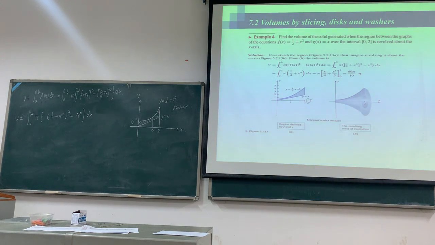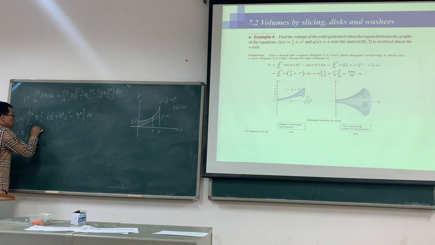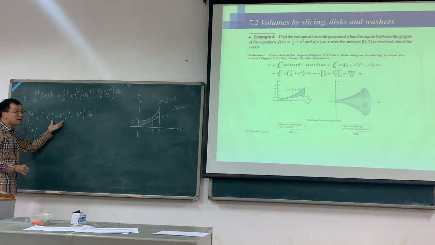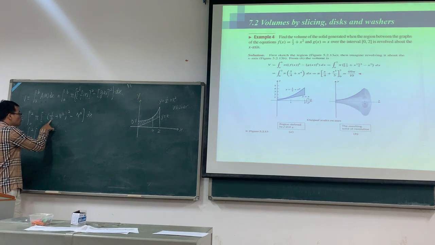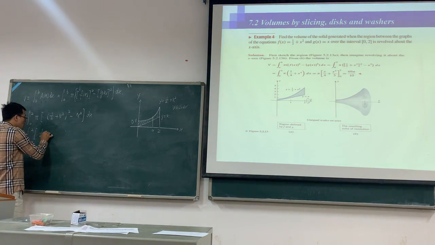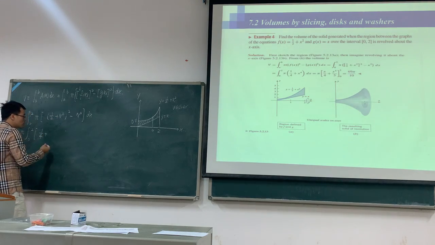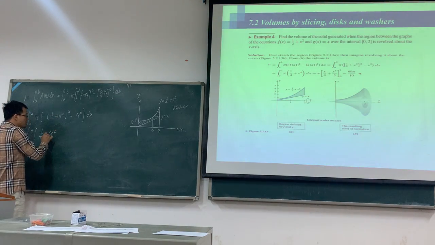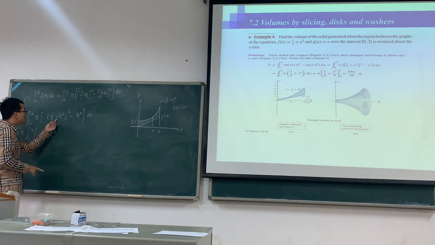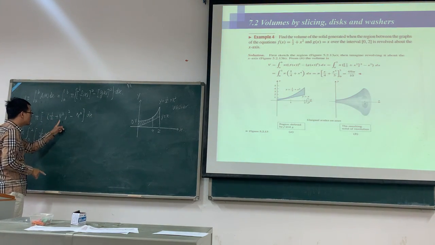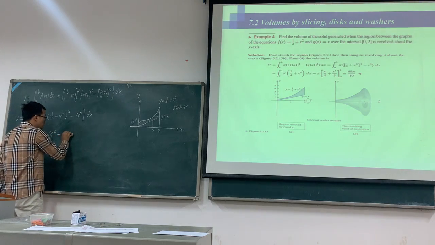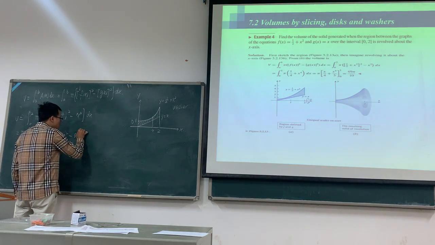Now we need to find this definite integral. Pi is a constant, so it moves outside the integral sign. So we have pi, from 0 to 2. Here we expand it: 1/2 squared is 1/4, plus x to the 4th power, plus 2 times 1/2 times x squared, so plus x squared, and minus x squared, dx.